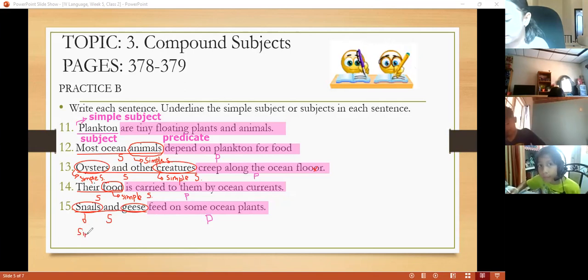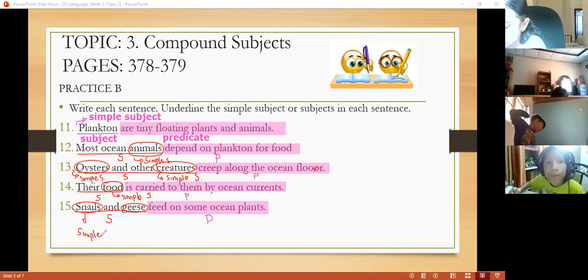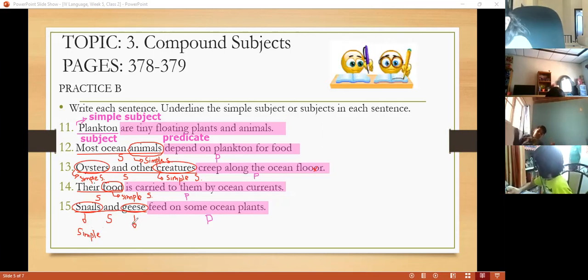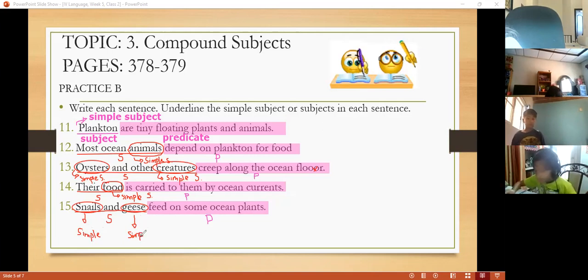Now I have two simple subjects, so it means that I have a compound subject because I have two. Remember, when in a sentence you have two simple subjects, you have a compound subject. If you just have one simple subject, you just have a simple subject. This is a compound subject because you see the word and in the subject also.